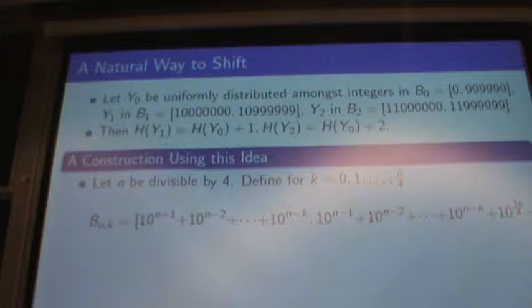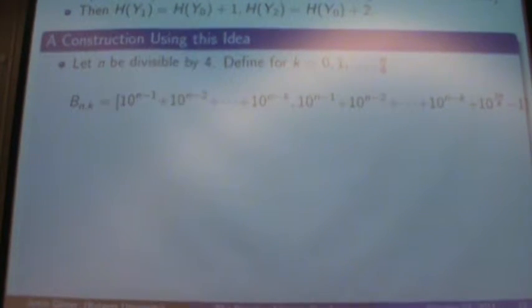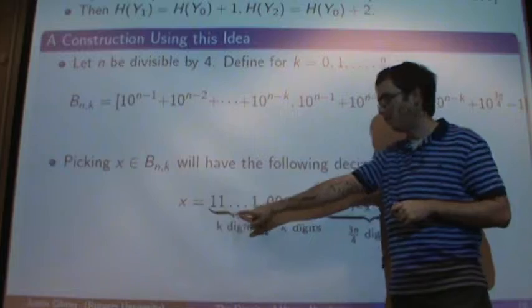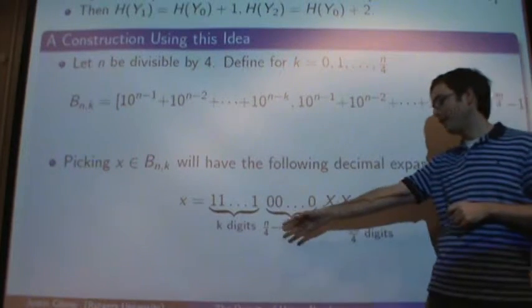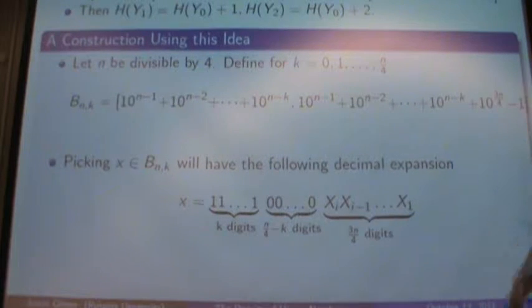I want to use this idea in combination with this lemma to construct intervals with high density. In general, I'm going to let B(n,k) be this mess. B(n,k) is an interval of numbers where the first k digits are all 1, then there are n over 4 minus k zeros, and the rest I just let be random.